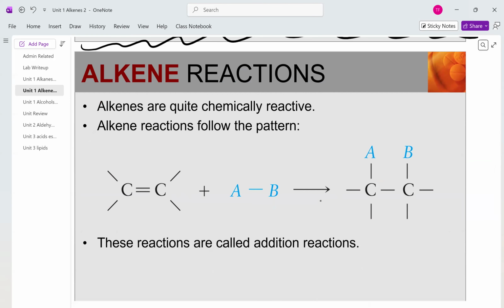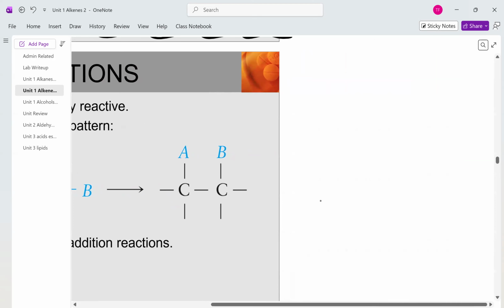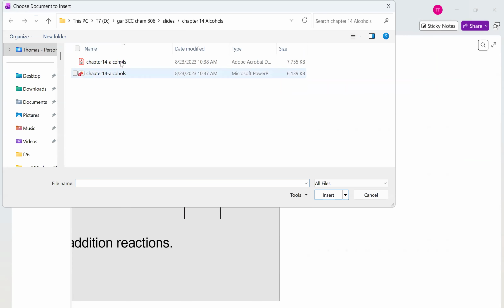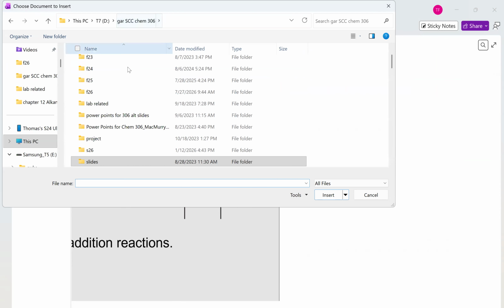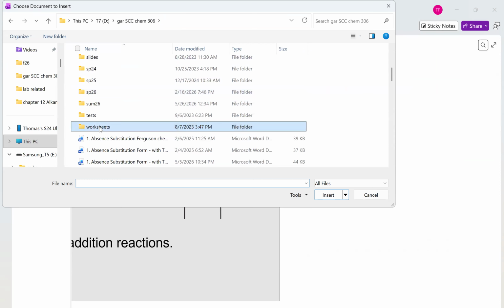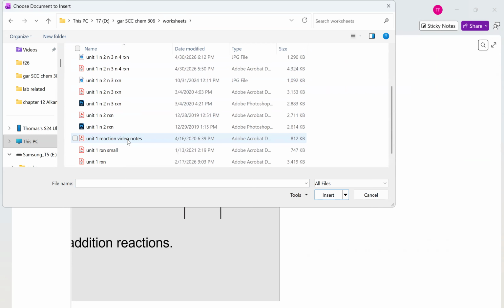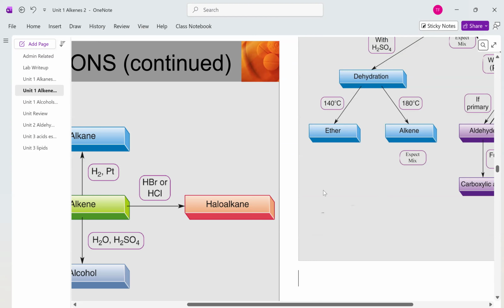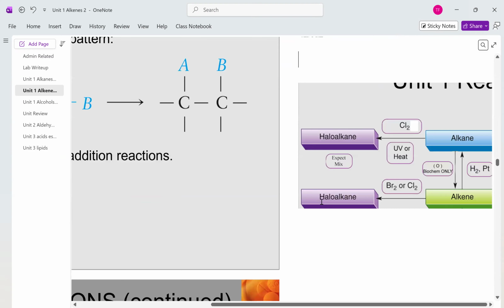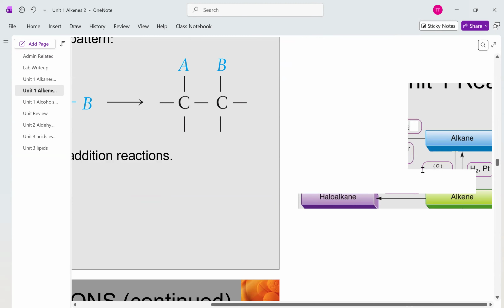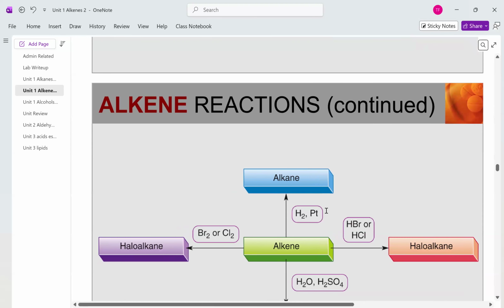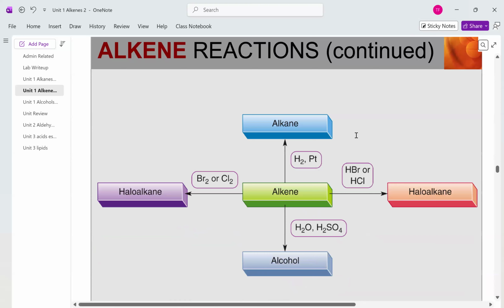There's a number of different types of reactions. Let's pull up the flow chart.